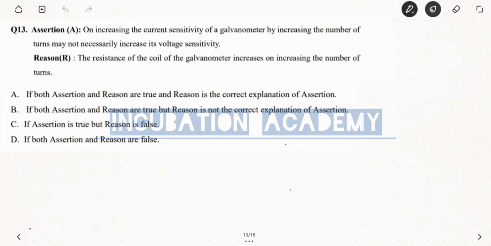A galvanometer is nothing but a rectangular coil kept between the pole pieces in a uniform magnetic field, like this. When current flows through the coil, obviously a torque BINA acts, and that is the cause of rotation of the coil, and the pointer attached to it slides over the scale.